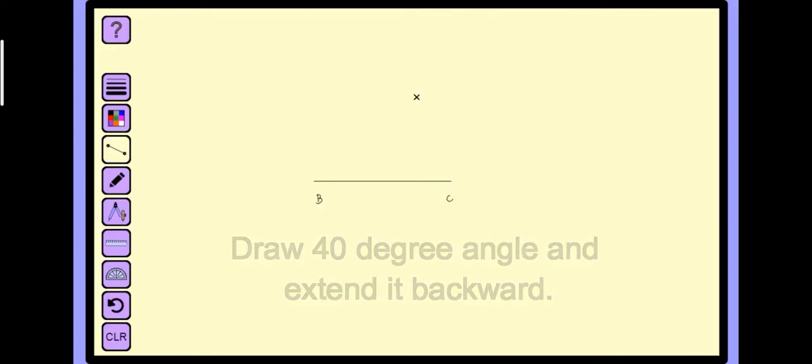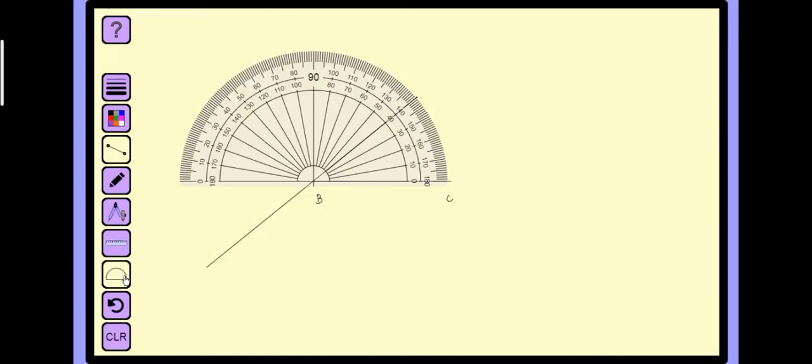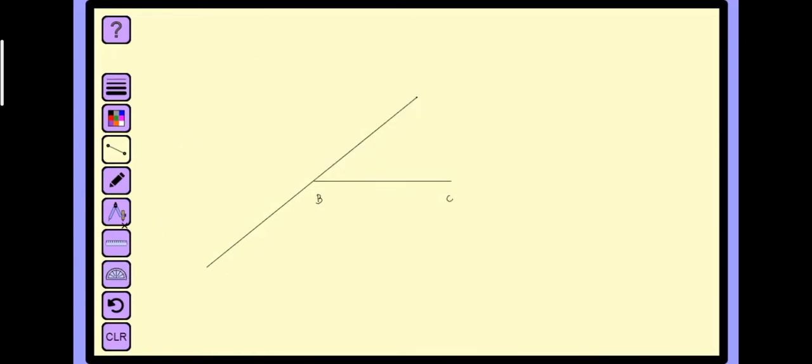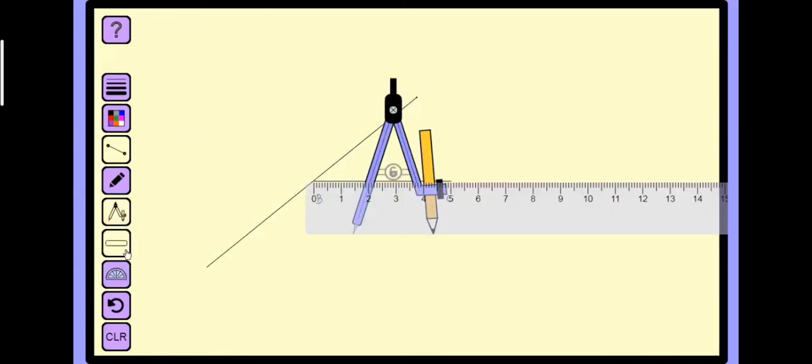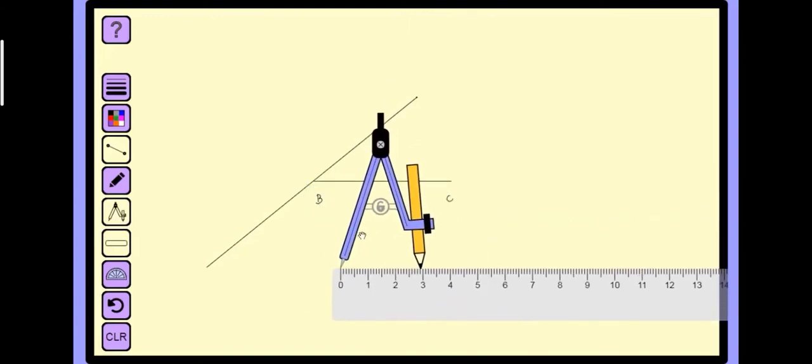So draw the 40-degree angle and extend the ray backward, because AB is smaller than AC. The difference is 3 centimeter.